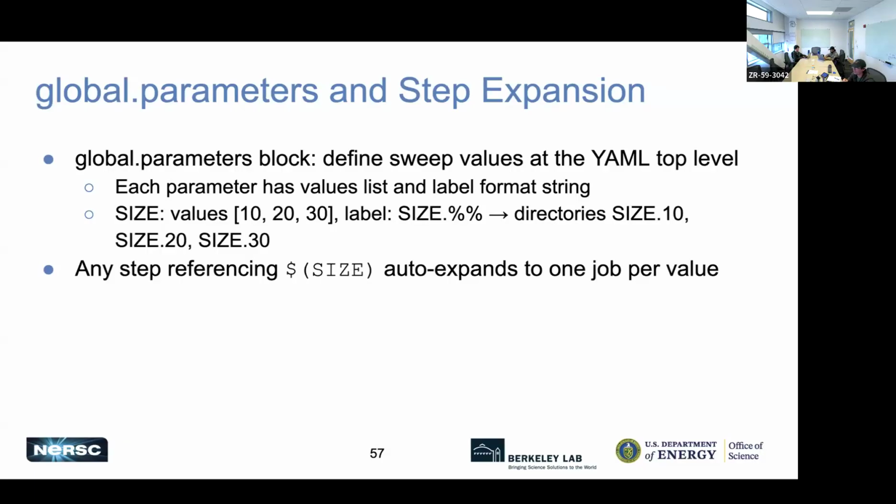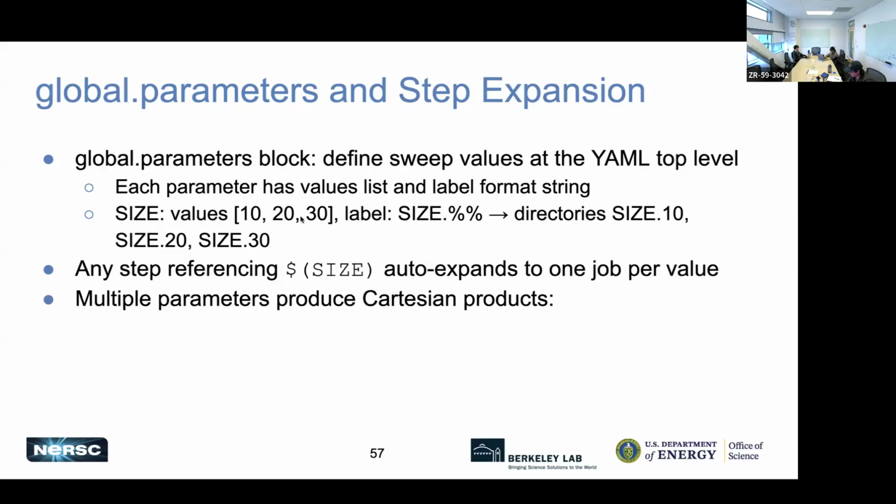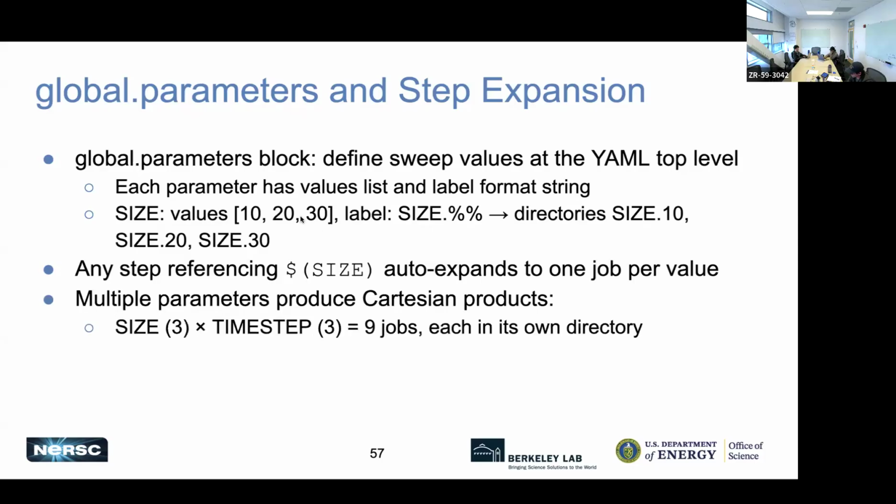That lets you expand things out programmatically without explicitly needing to write every single step of something that you're doing like 10 times with just changing one number. And you can get Cartesian products in the same way that we were with previous tools.